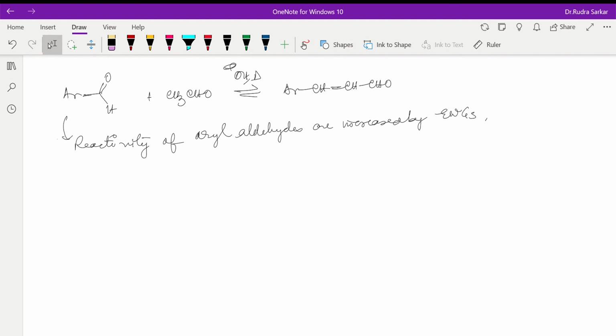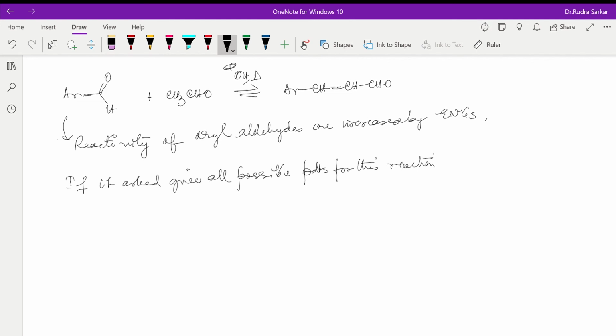One thing should be noticed over here. If it is asked, give all possible products for this reaction, one should note that ArC=O with H may undergo Cannizzaro reaction.